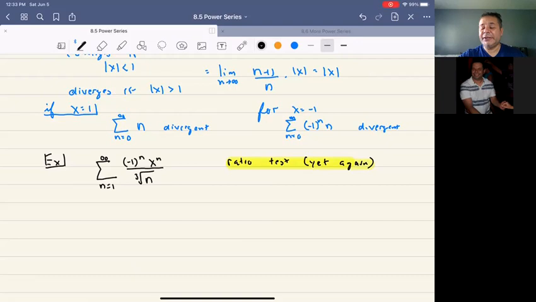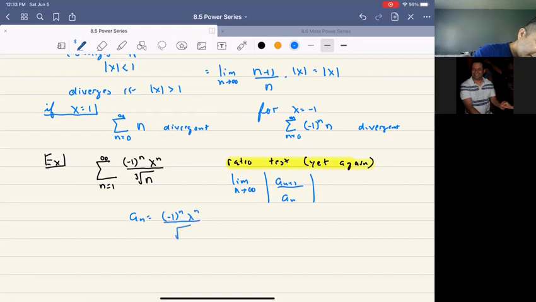If that limit is bigger than 1, it diverges, and it doesn't say anything at 1. So we're going to take the limit as n goes to infinity of a sub n plus 1 over a sub n. Our a sub n is negative 1 to the n, x to the n, over cube root of n.